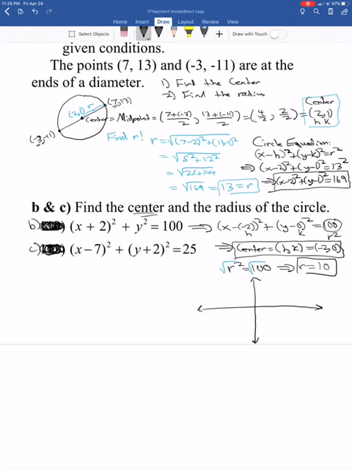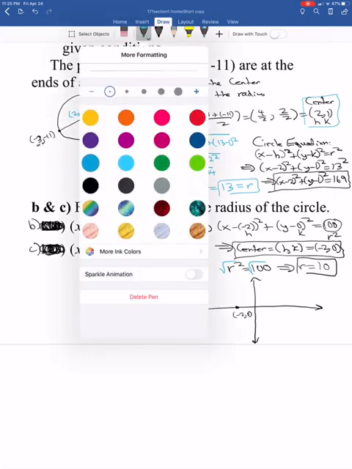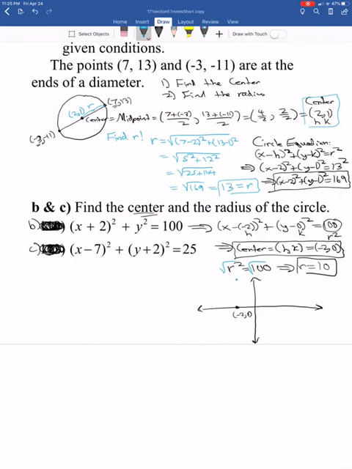Here, example B. So you take negative 2, 0 as the center, over here. Well, if our radius is 10 units, we go up 10 units. And we put them in a different color. So let's say this is up 10 units here. So there's our radius, our distance traveled, r equal 10. We'd add 10 to the y coordinate.